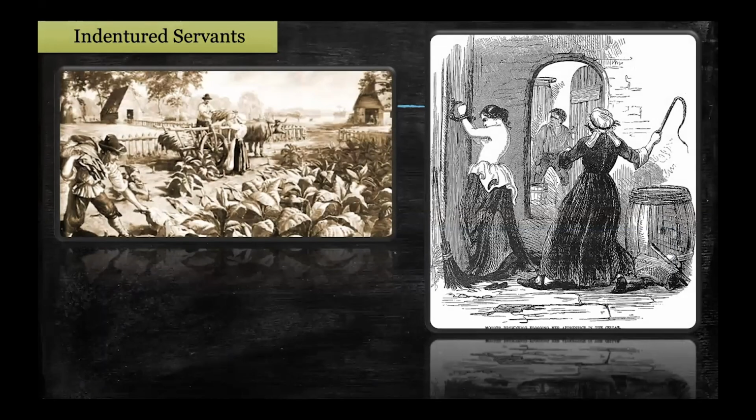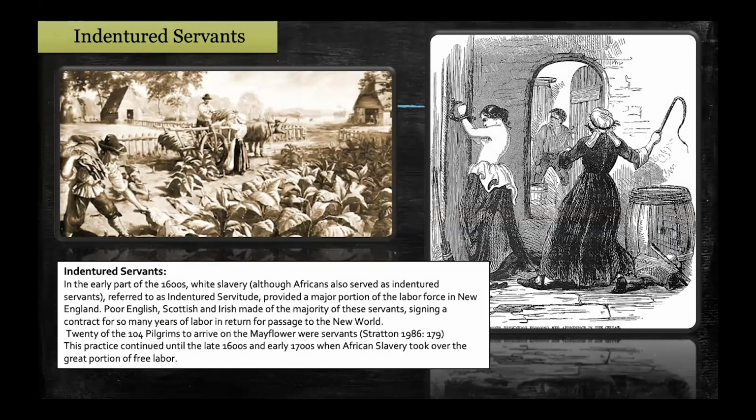Indentured servants. In the early part of the 1600s, white slavery, although Africans also served as indentured servants, referred to as indentured servitude, provided a major portion of the labor force in New England.